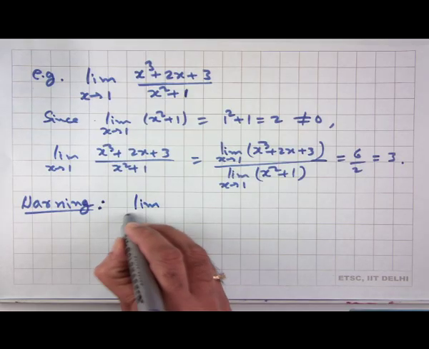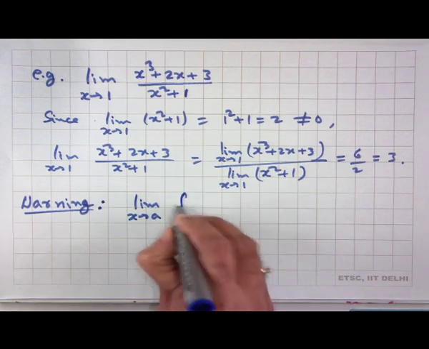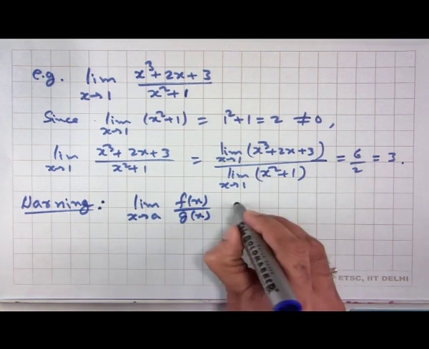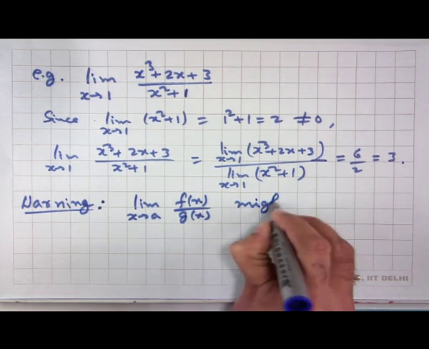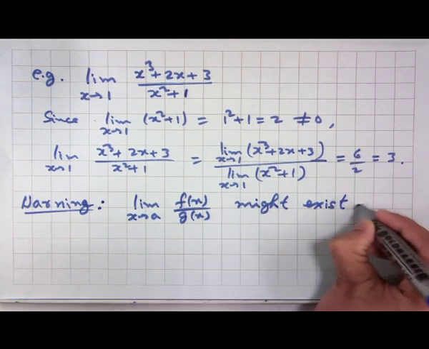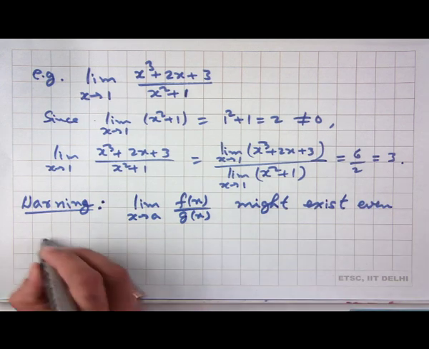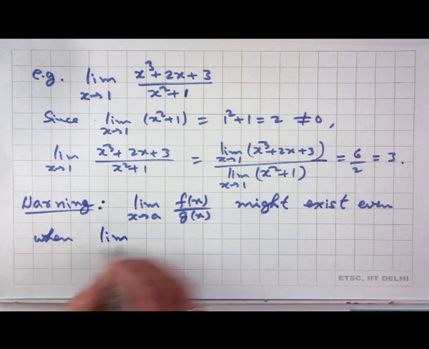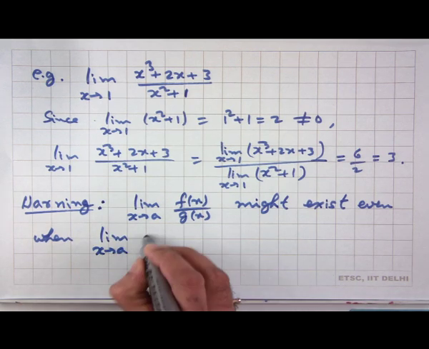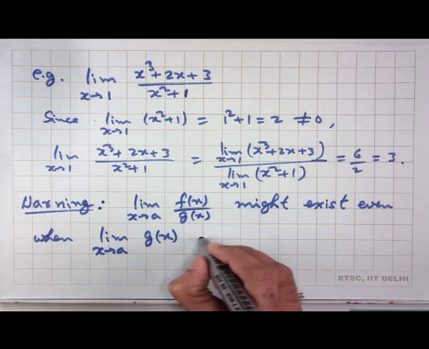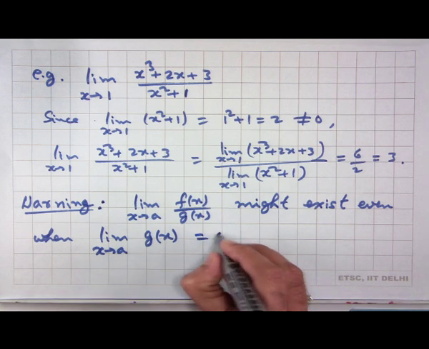So, the limit of f x by g x might exist even when the limit of g of x is equal to 0.